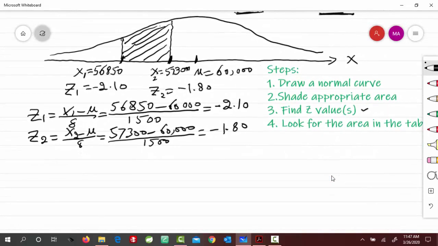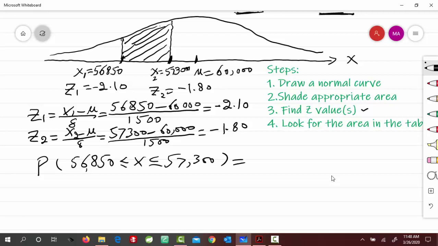So now the probability that the tire would last between 56,850 miles, say let x be the age of the tire, and less than 57,300 miles. So in terms of z, this would be equal to P of negative 2.10 is less than z, less than negative 1.80.